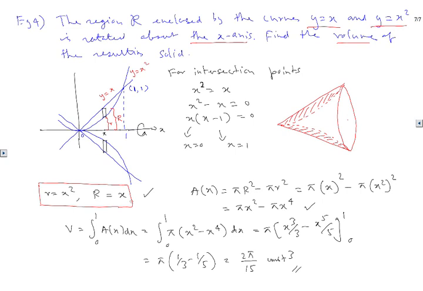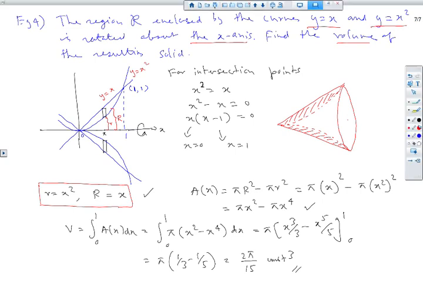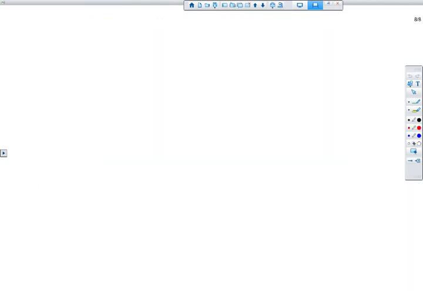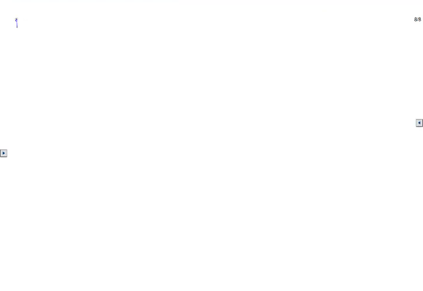Okay, so let's do a different example. Let's try to rotate about a different axis. Okay, different axis. So the next example, I think example number 5.